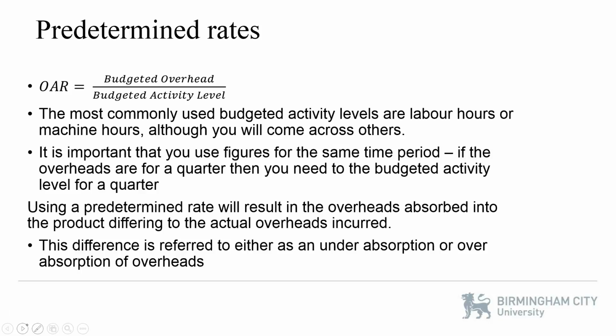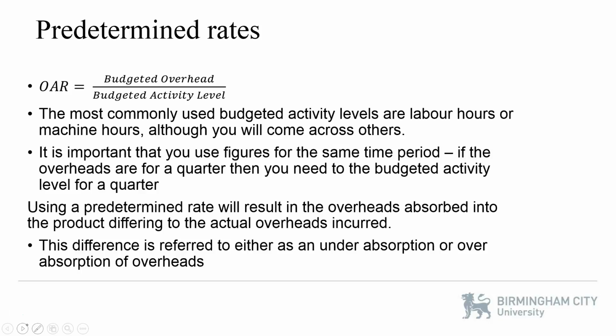So going back to our formula again, our overhead absorption rate is our budgeted overhead divided by a budgeted activity level. What we mean by activity level is usually labour hours. So how many labour hours were worked in that period of time, or were expected to be worked if we're using budgeted figures.